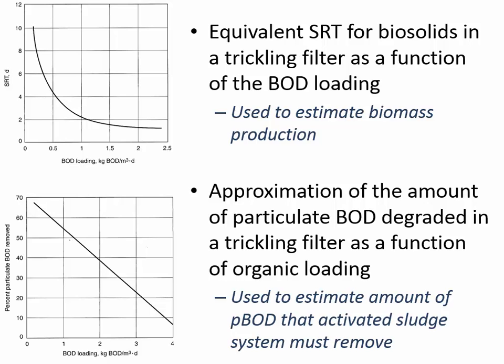The other figure shows how much needs to be removed by the activated sludge system, particulate BOD, PBOD, versus SBOD. The particulate BOD is going to be really hard for the activated sludge system to remove, whereas the trickling filter can remove it more easily.